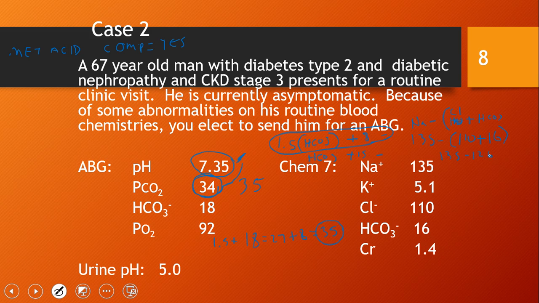If this was 125, that'd be easy. The answer would be 10, but it's one more than that, so the answer is 9. So the answer is 9 here for his anion gap. If it was greater than 12, then I would have said that he had anion gap metabolic acidosis, but I'm not seeing that. So this is a non-anion gap.